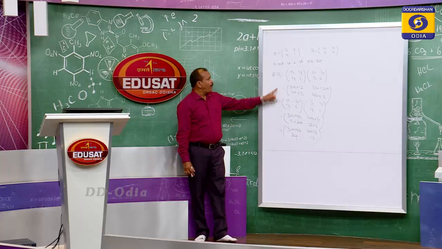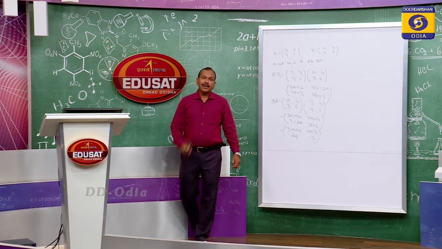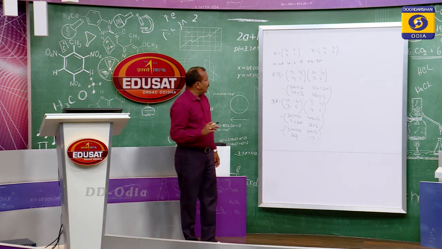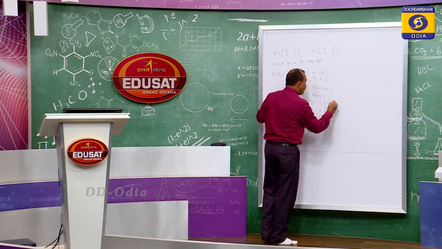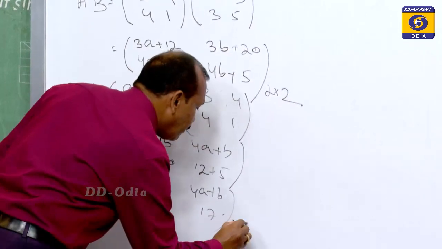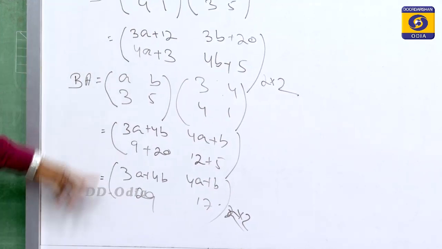Now AB is equal to BA. Two matrices are equal whenever their order is the same and corresponding elements are the same. So AB is a matrix having order 2 cross 2 and BA is a matrix having order 2 cross 2. They have the same order, so the corresponding elements are the same.